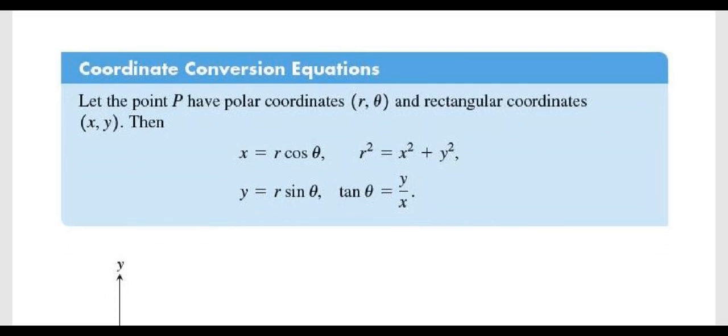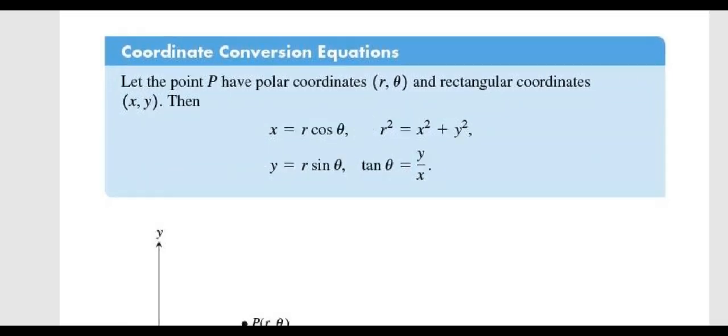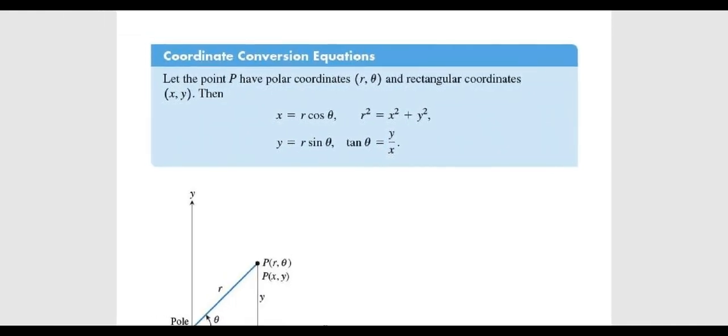Now, we want to talk about coordinate conversion equations. How do I switch back and forth between the polar form of equations and the rectangular form of equations?